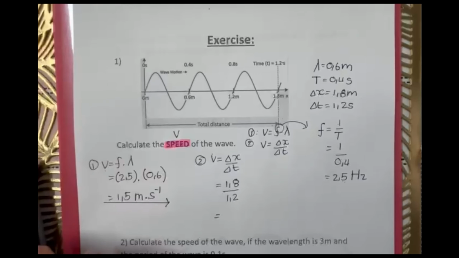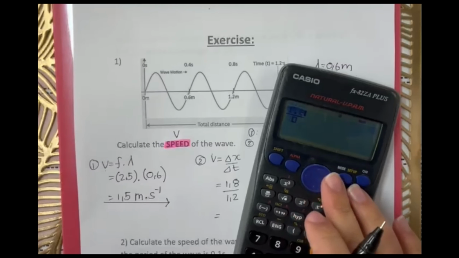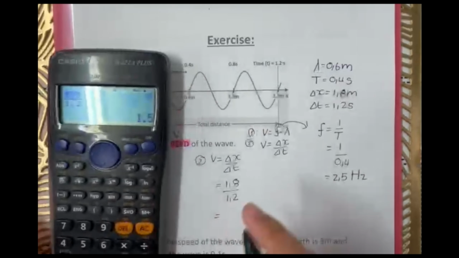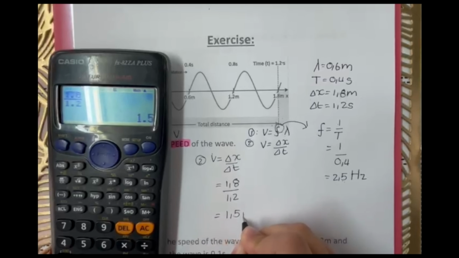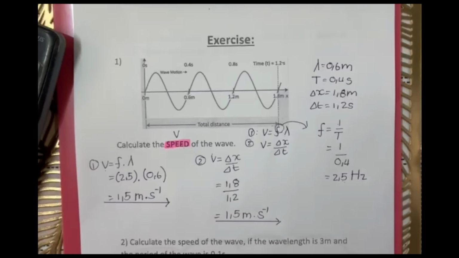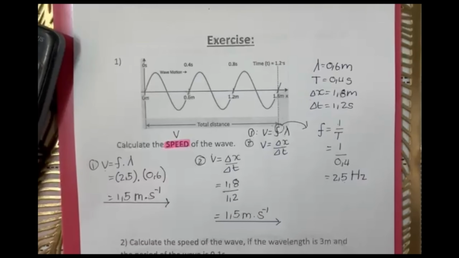Then I'm going to put it in the calculator. So once again, 1.8 divided by 1.2 is going to give me an answer of 1.5 meters per second. Can you see that we get the exact same answer? So it doesn't matter which equation you use, it will always be correct.